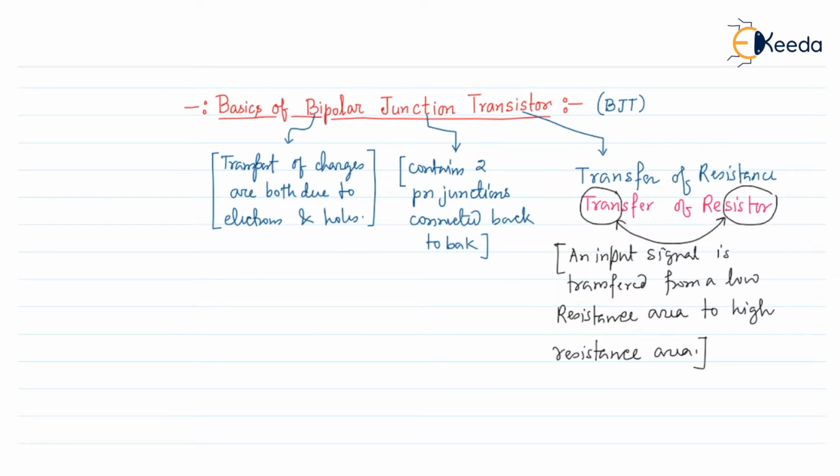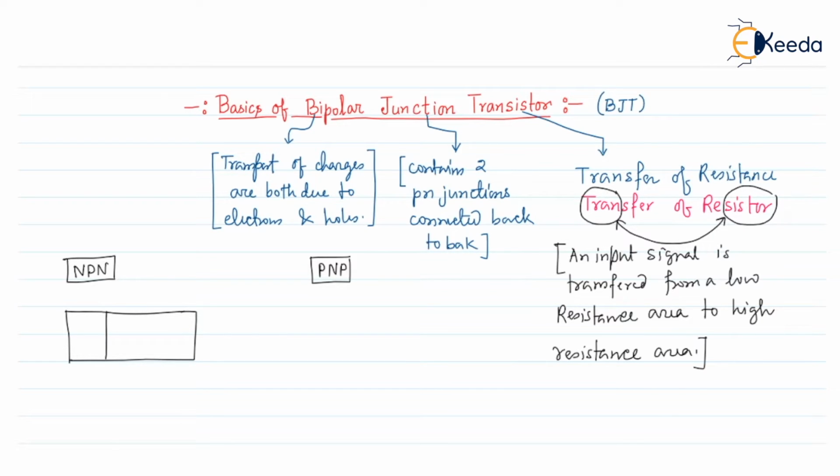Now let us see the simple block diagram of a BJT. Normally BJTs are of two types. The first one is the NPN bipolar junction transistor, and the second one is the PNP bipolar junction transistor. The NPN BJT consists of three regions.